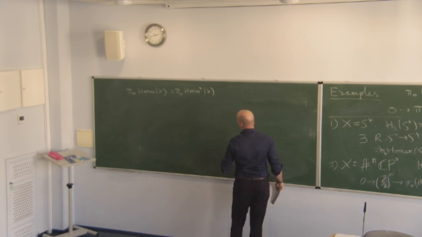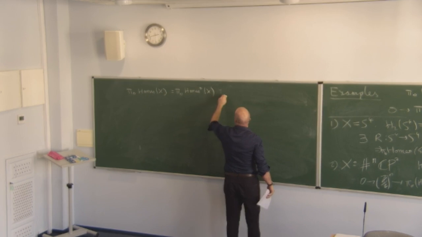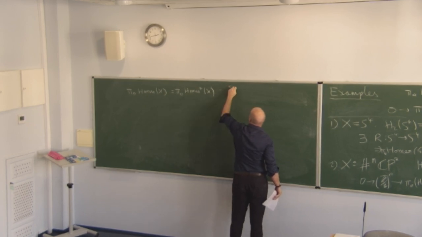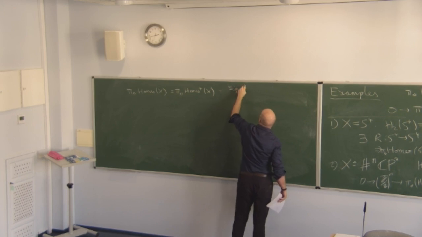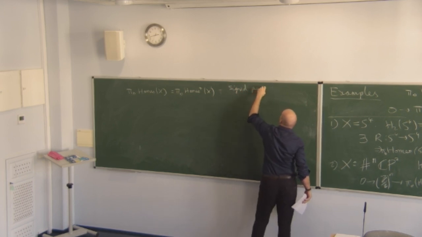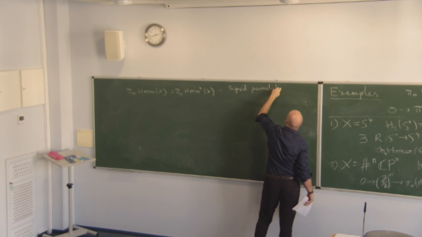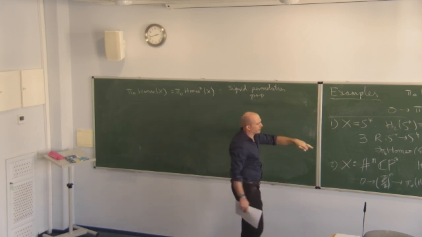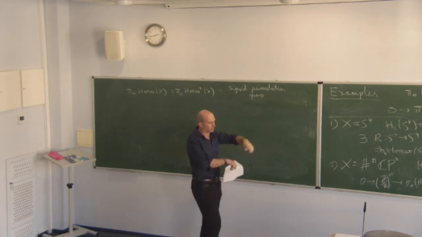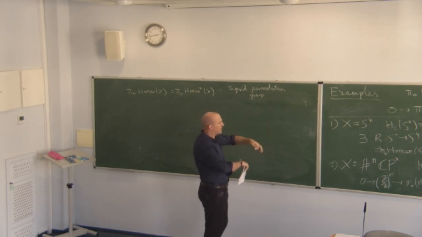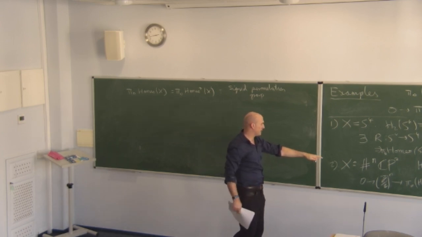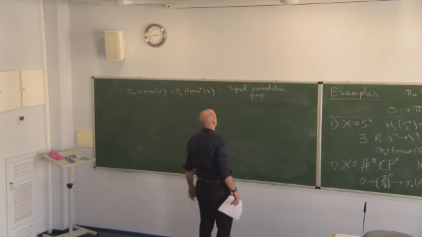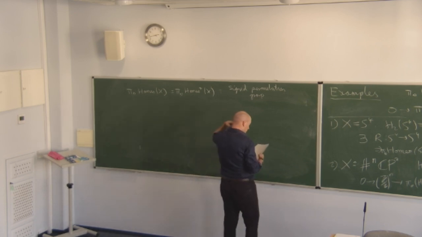It's sometimes called the signed permutation group. It's the thing I described, where you're allowed to do all possible permutations of the basis vectors, and you're allowed to multiply them by plus or minus 1.